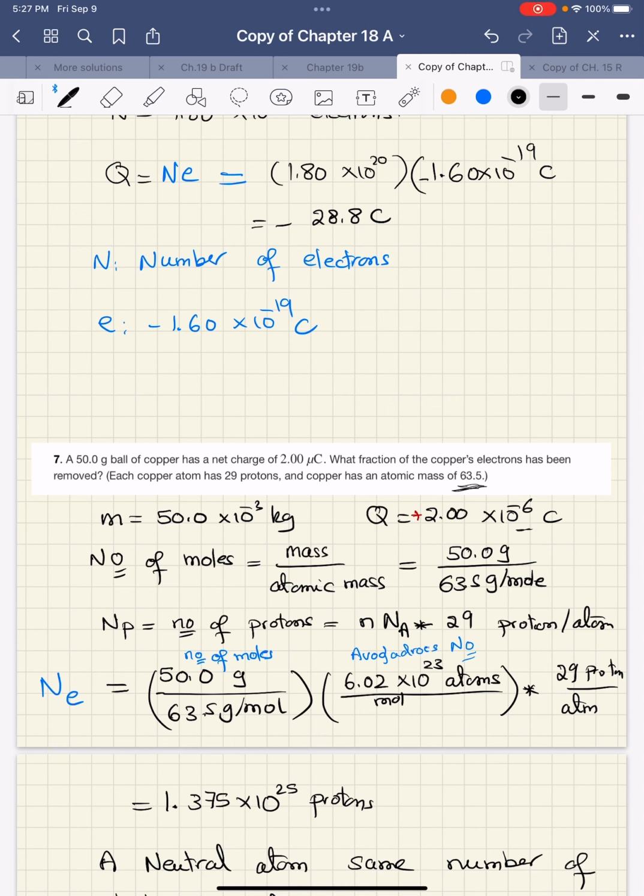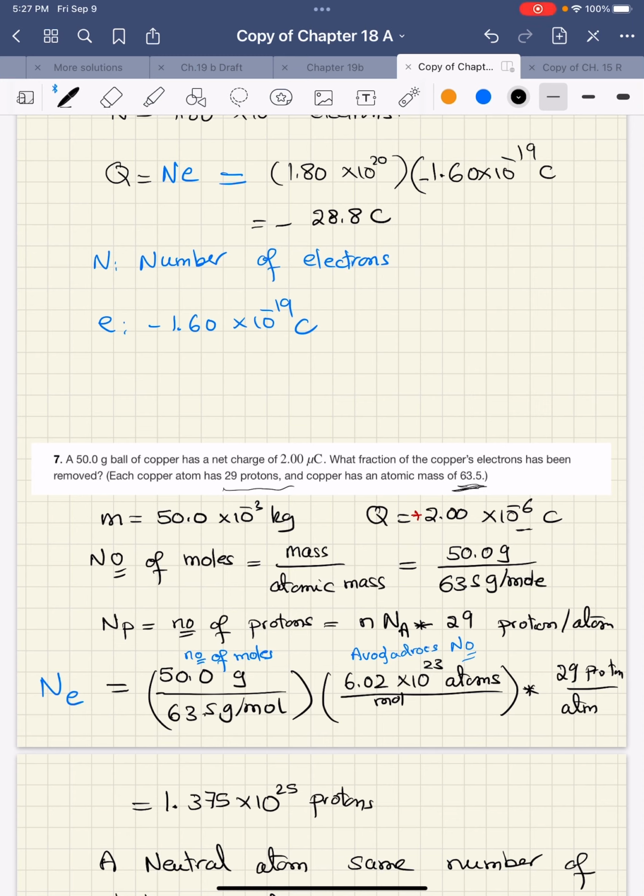Now, Np, the number of protons, is going to be N, the number of moles, times Na, which is Avogadro's number, times 29, which we got from here, protons per atom.